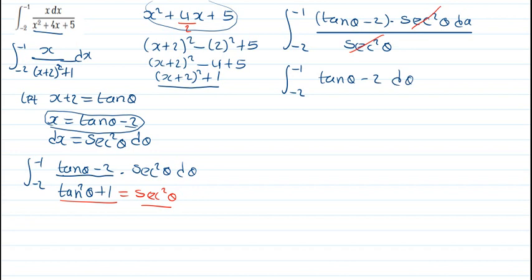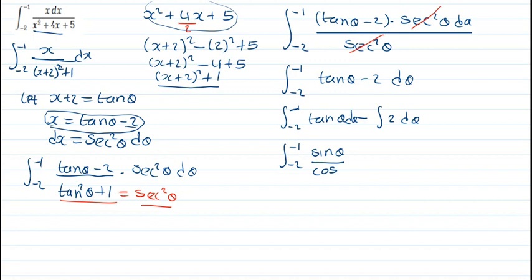With this, I can split it, meaning that I can have the integral from -2 to -1 of tan theta minus the integral of 2 d theta. There's also a d theta here. So simplifying this, I'm going to have the integral from -2 to -1 of sine theta over cos theta d theta, minus the integral of 2 with respect to theta, which is simply 2 theta.